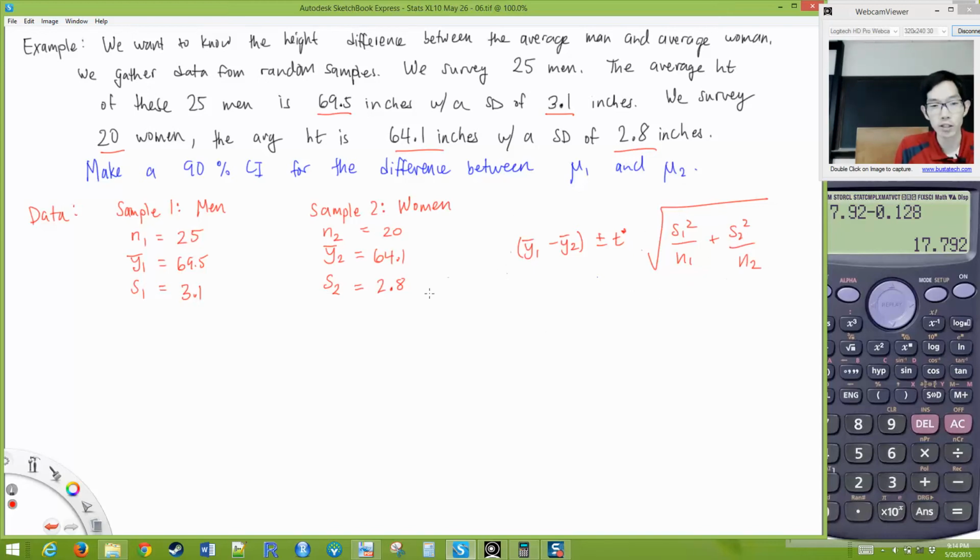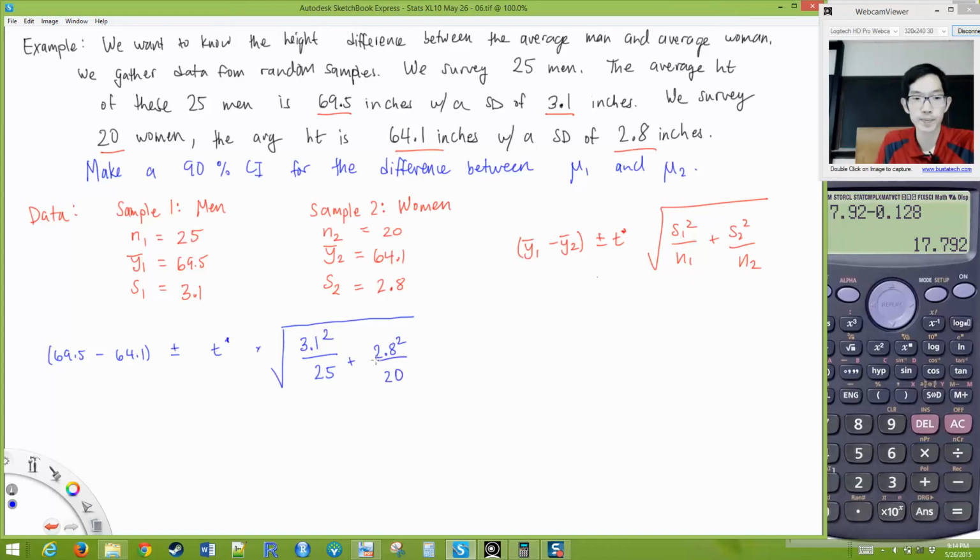So I'm going to plug in all the numbers that I have: 69.5 minus 64.1 plus or minus t star times this standard error, the square root of 3.1 squared over 25 plus 2.8 squared over 20.